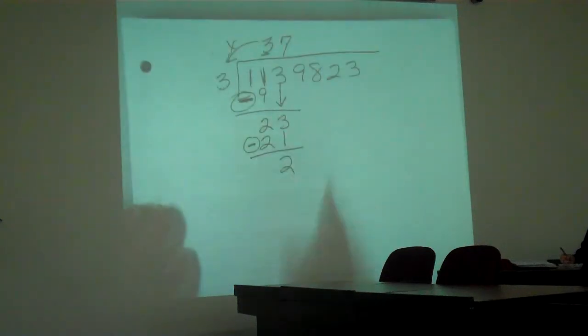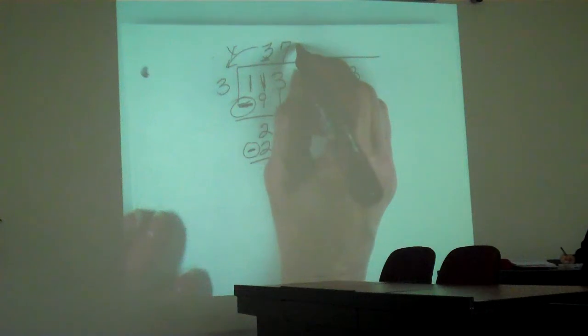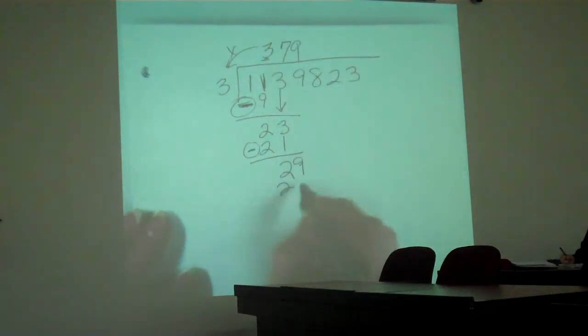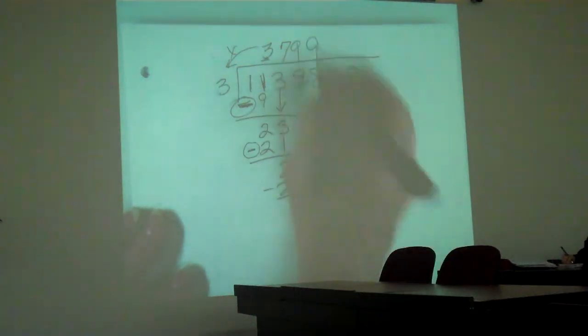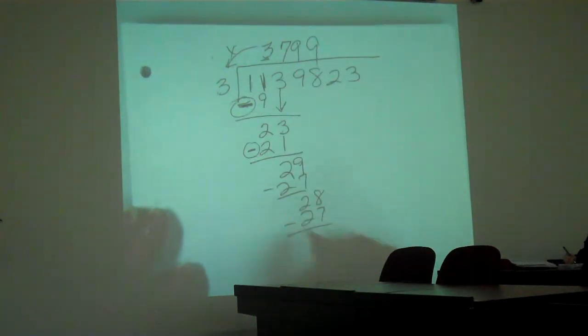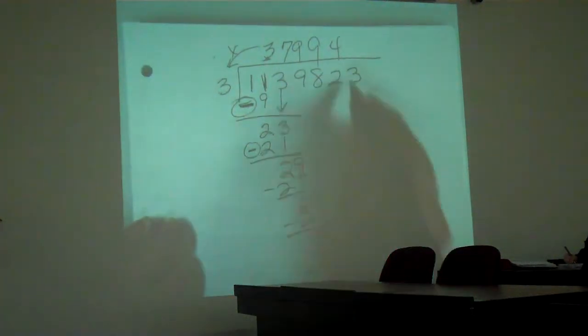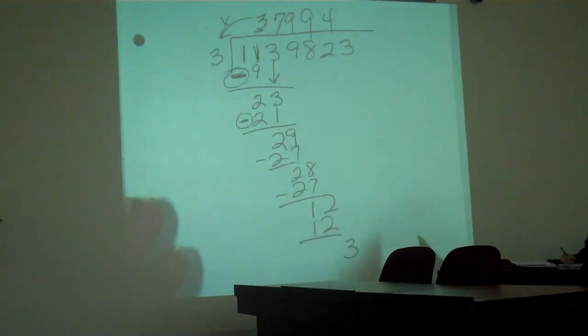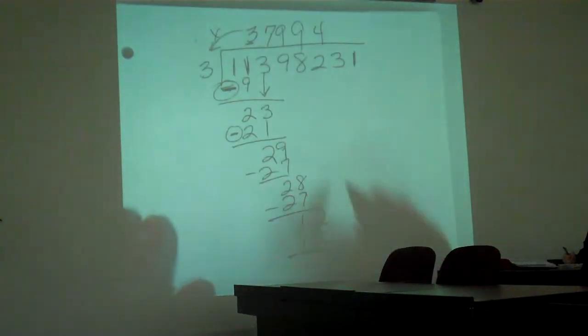When we get all the way to the end, I shouldn't have made it so long. Let's make this 9, 4 came out exact. We brought the 3 down. Oh, I want it to have a remainder. I'm going to make it even longer, okay?